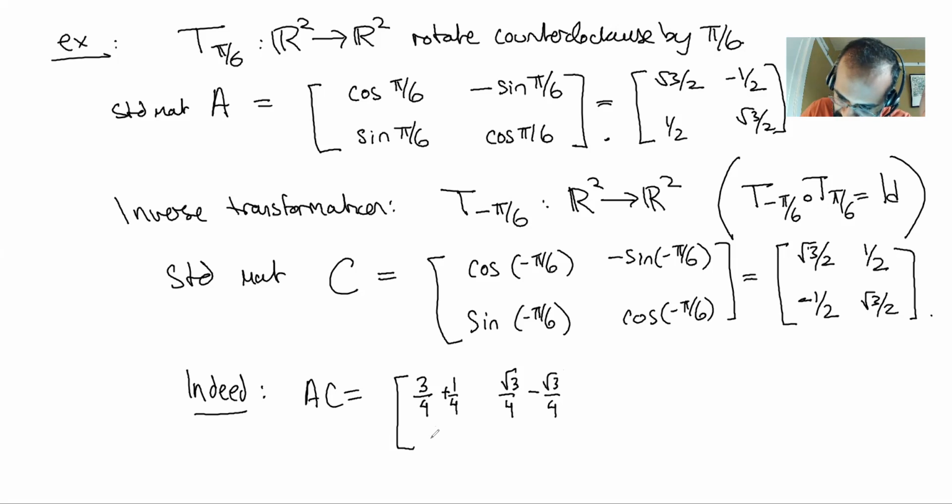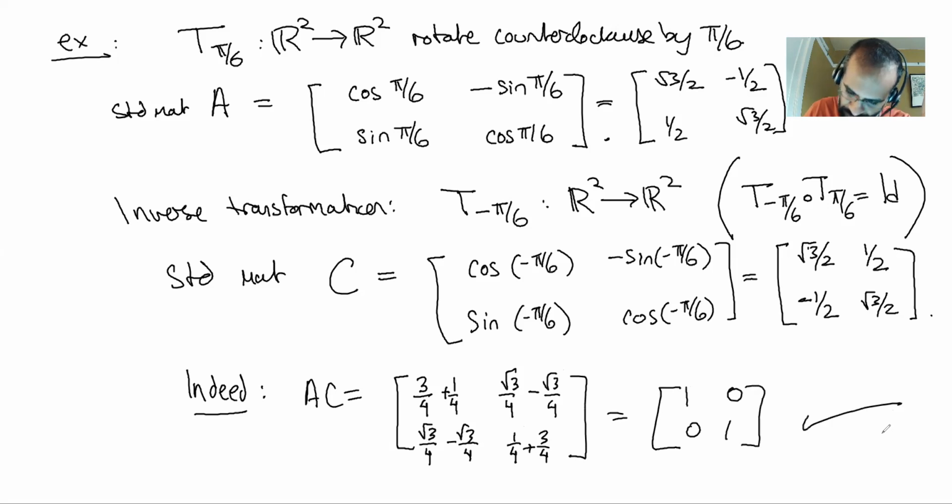The bottom left entry is square root 3 over 4 minus square root 3 over 4. And the last entry is 1/4 plus 3/4, which is indeed the identity. Okay. So that's the content of the theorem, that this algebraic operation of inverting a matrix corresponds to inverting a linear transformation. Any questions?